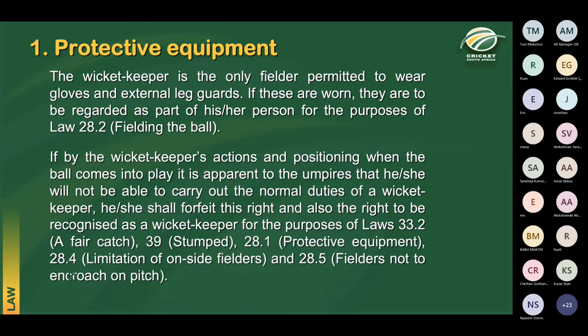If by the wicketkeeper's actions and positioning when the ball comes into play, it is apparent to the umpires that he or she will not be able to carry out the normal duties of a wicketkeeper, then he or she shall forfeit this right and also the right to be recognized as a wicketkeeper in terms of taking a catch, effecting a stumping, and also the protective equipment that a wicketkeeper is allowed to wear.